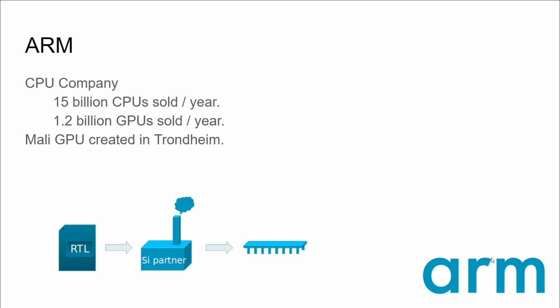Instead, we make blueprints, or RTL, for customers, that's the SI partners on this picture, who then take those blueprints and incorporate them into larger chip designs. This earns us a very small amount of money per CPU sold, but as you can see we sell them in very large numbers, so it adds up. For us this is a good thing.